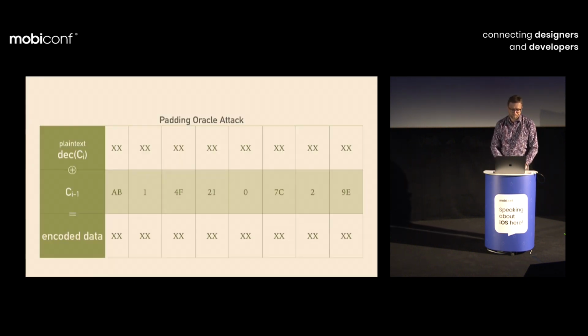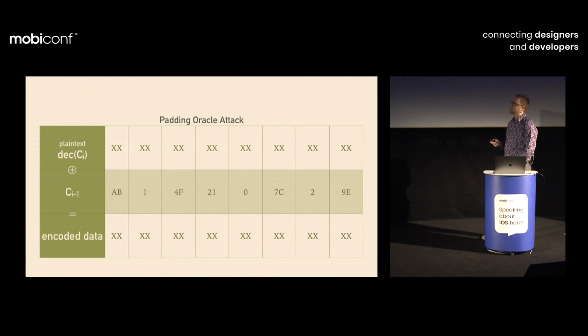How it works. All you need to make the attack is one block of ciphertext. The plain text is unknown, and this is some data that you think will be the output, right? So what do we do?